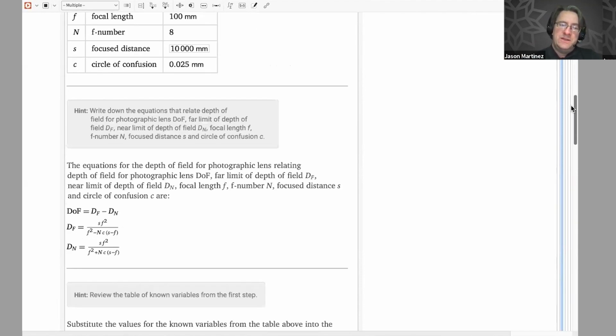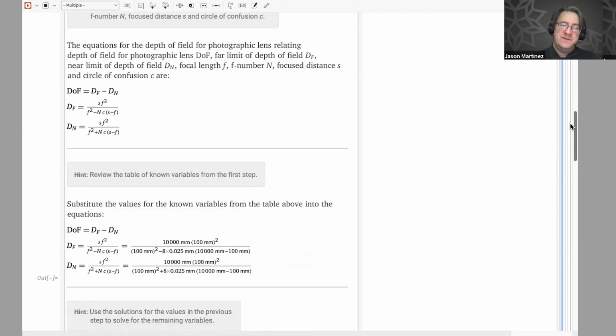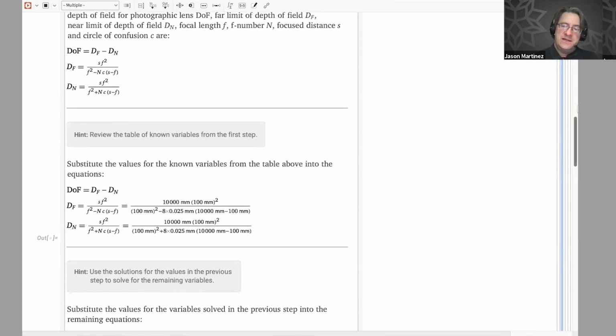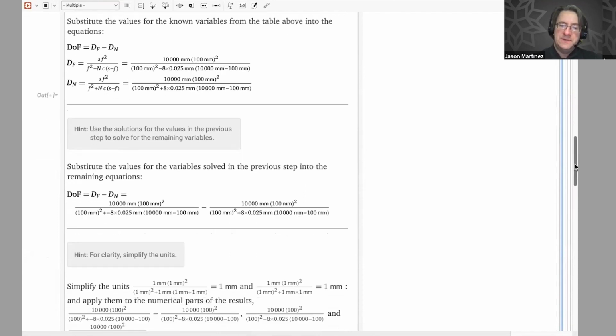And so if we look at the equations here, once we substitute in these input values, we will have those limits, but we won't have a solution yet for our depth of field values. So there's code in place to recursively insert the solutions that we already have into the remaining equations so that we can get the final solution for all of the unknowns.